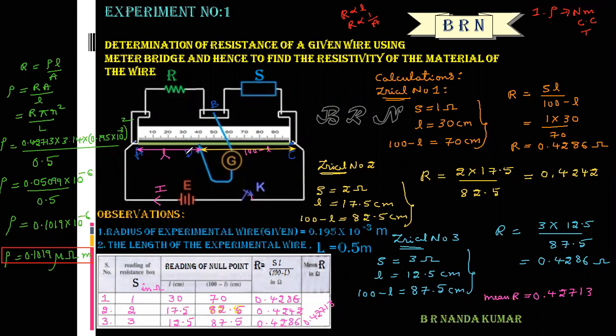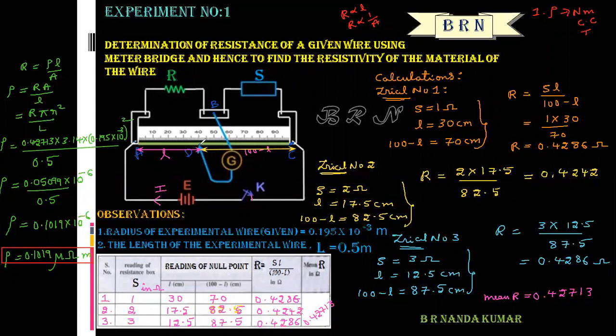What is the null point or balancing point? It is the position of the sliding contact on the meter bridge wire at which the galvanometer shows zero deflection.